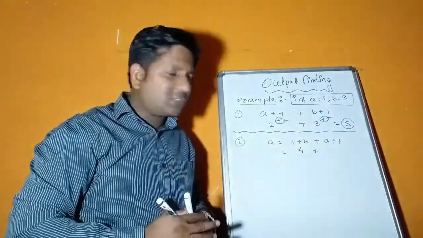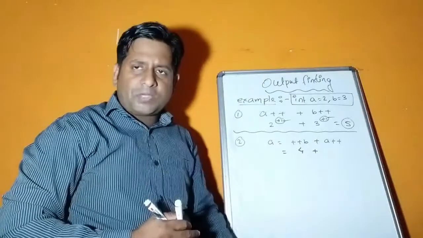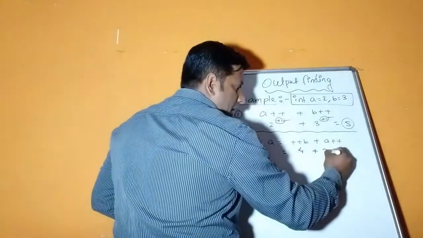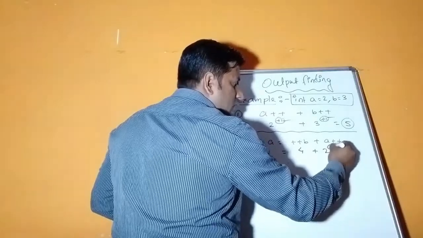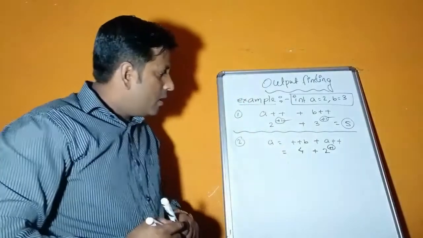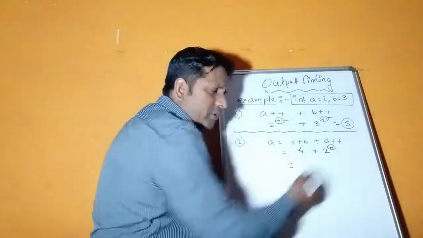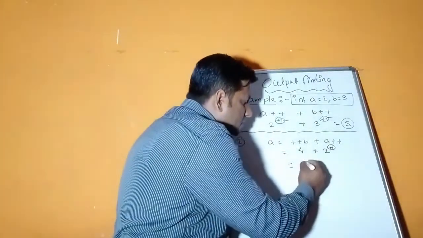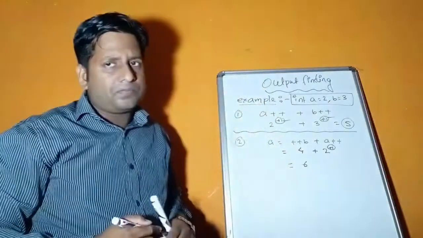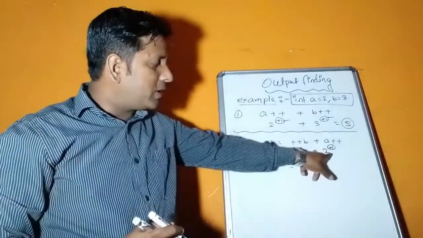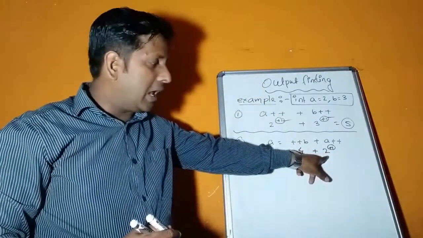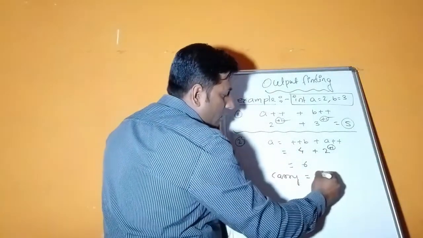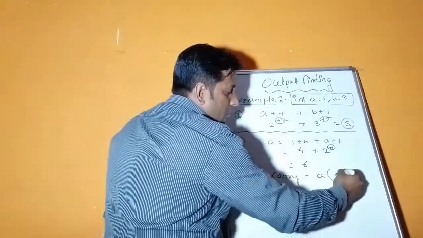Increase the value first. Second is A plus plus. A value is how much? 2. Remains 2. Plus plus is there. So carry 1 is there. Now further we don't have any. So let it be. 4 plus 2 becomes 6. But carry 1 is there. Now this carry 1 is for which variable? Variable A. So carry is for variable A. How much? 1.